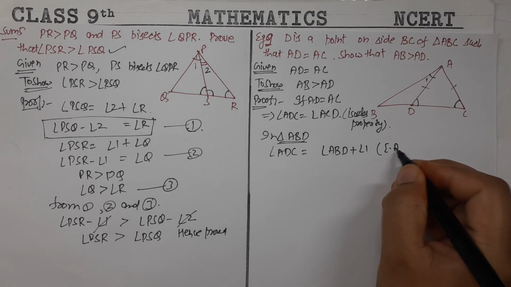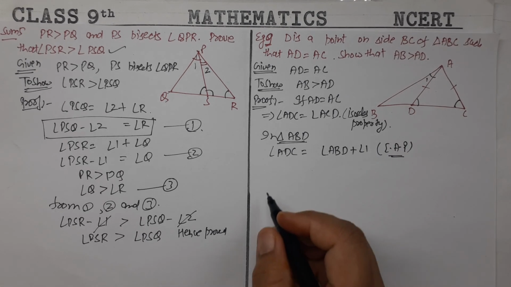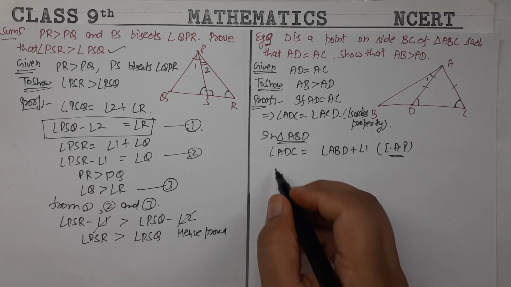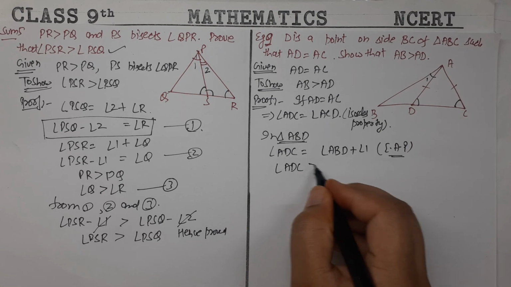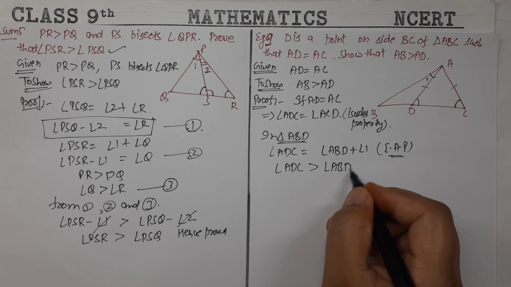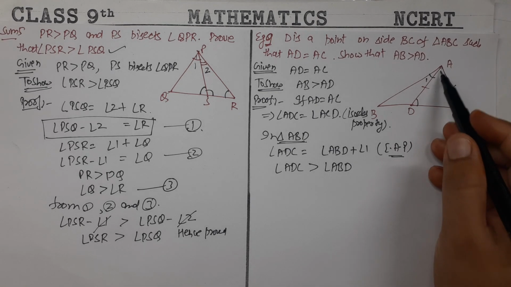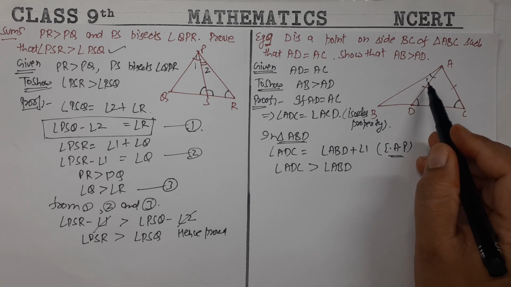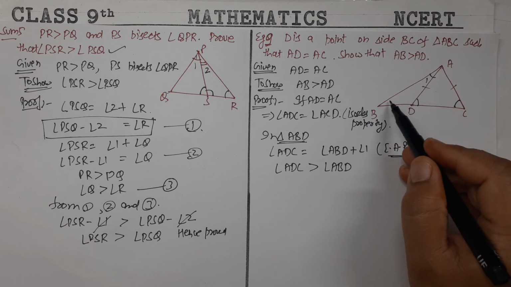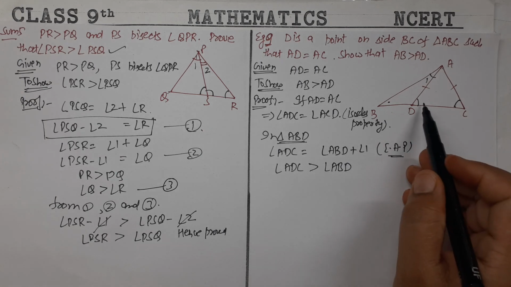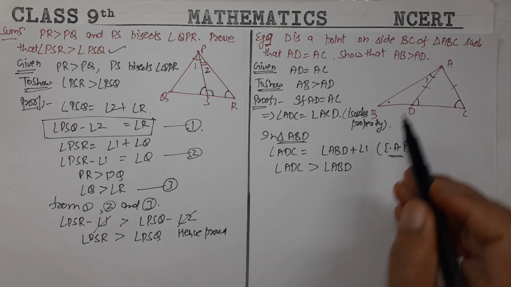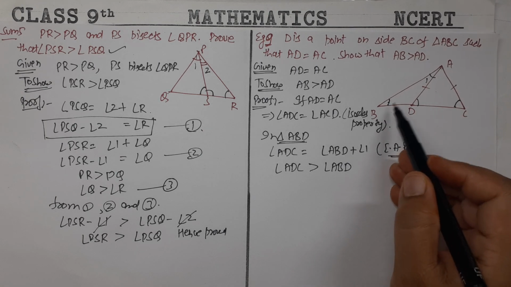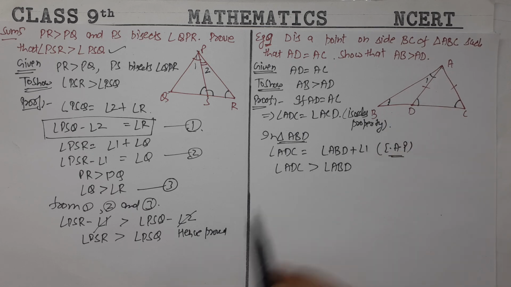Reason: exterior angle property. So angle ADC is greater than angle ABD because angle ADC is exterior angle which will be equal to sum of these two angles. So this ADC angle is greater than angle ABD.